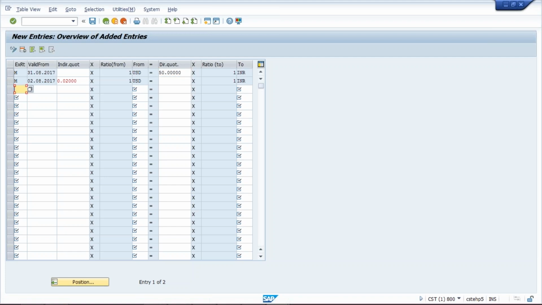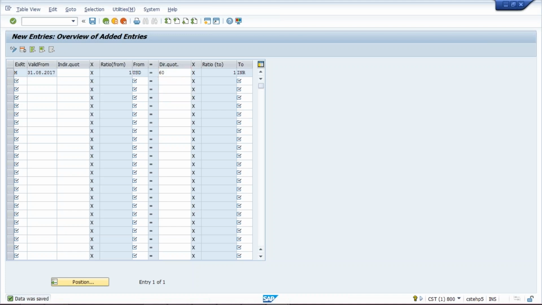It's pretty easy to understand, but if somebody says that 1 Indian rupee equals 0.02 US currency, it will be a bit confusing. That's why we do not maintain indirect quotation in the case of Indian currency, because for us it's a bit difficult to understand, which is why we follow direct quotation itself.